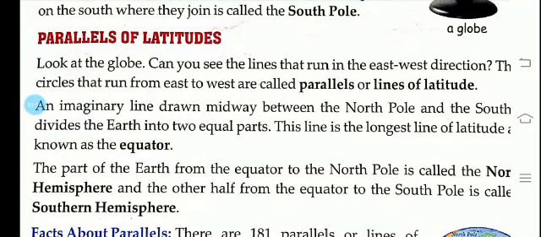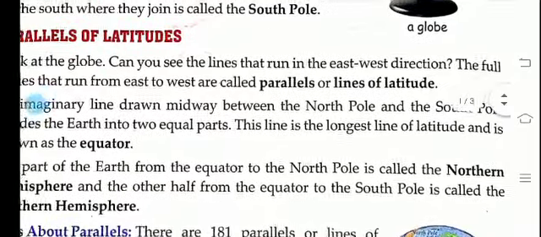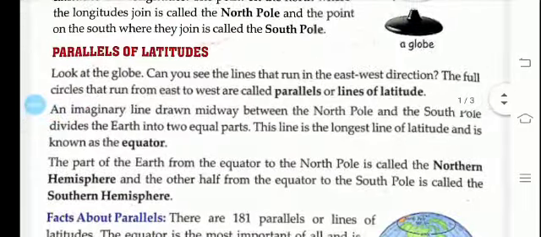An imaginary line drawn midway between the North Pole and the South Pole divides the earth into two equal parts. This line is the longest line of latitude and is known as the equator.